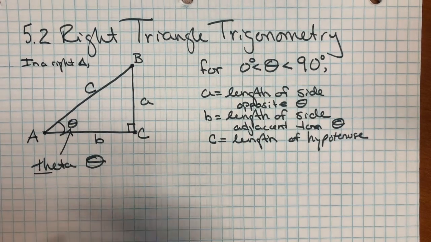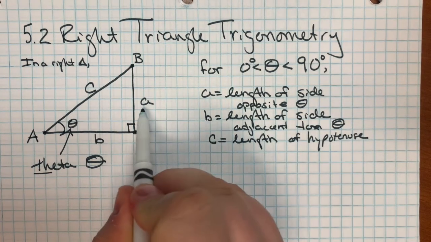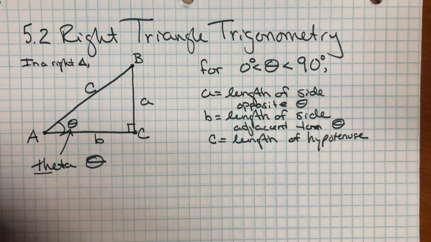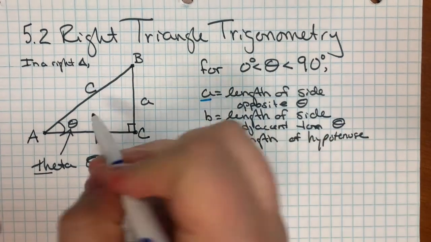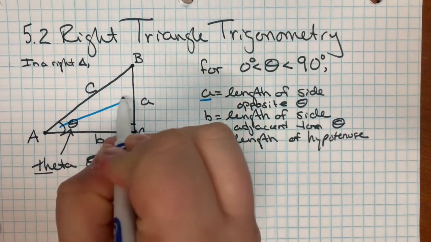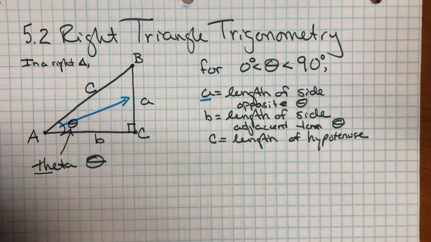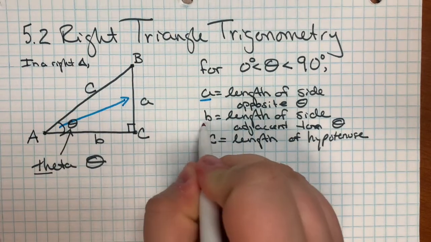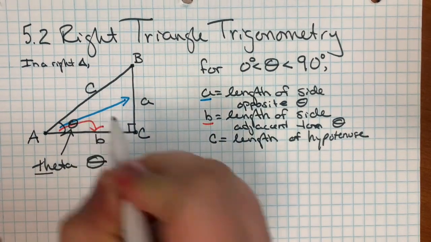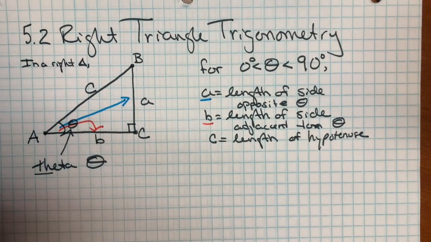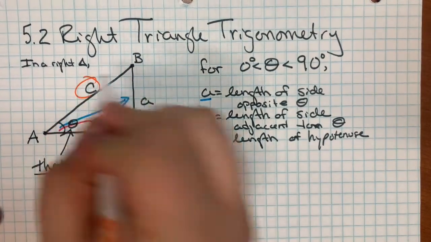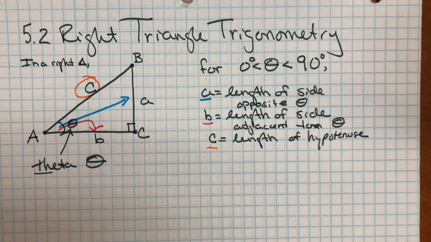We will define A to be the length of the side opposite theta. B is the length of the side adjacent to theta. And C is the length of our hypotenuse, which is the side opposite our right angle.